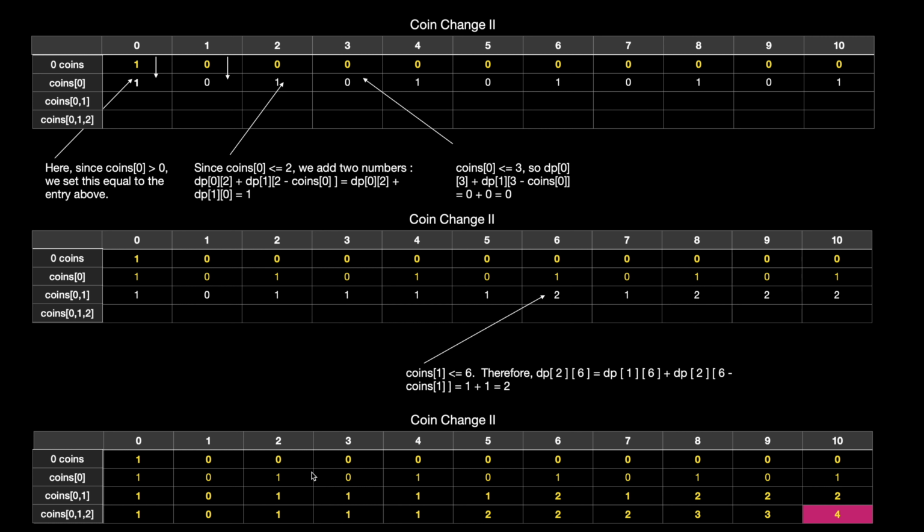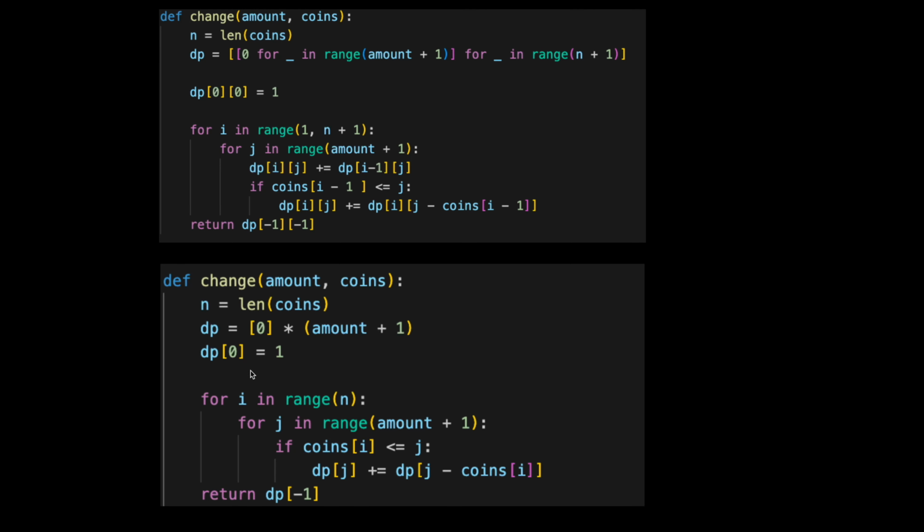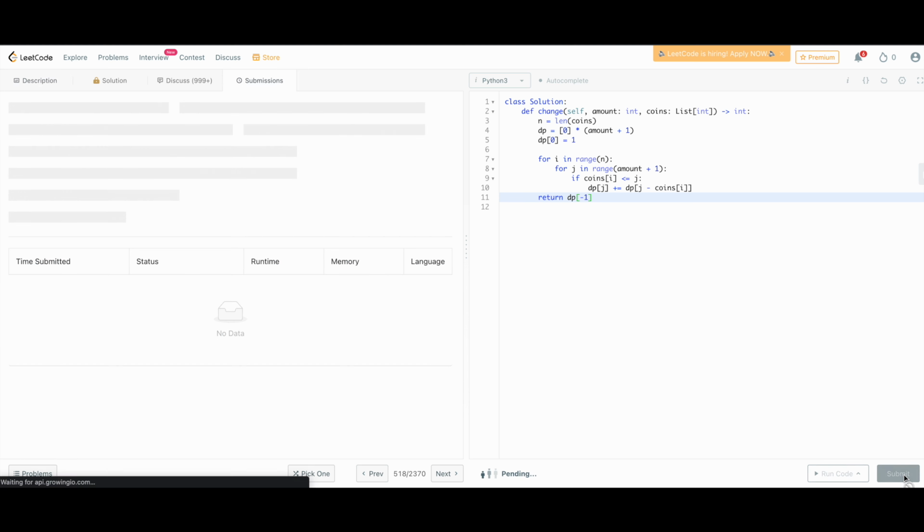When you're working on the last row, you only need to know the row above. You don't need the first row or the second row. You only need the third row, then you can complete the fourth row. That's the key idea behind this. And the code, let's run this.